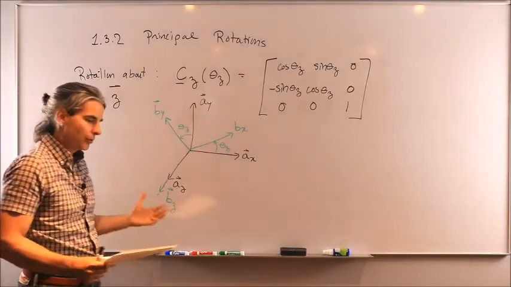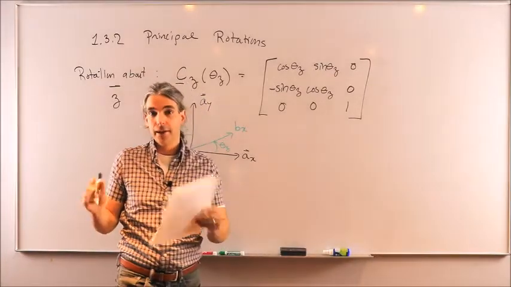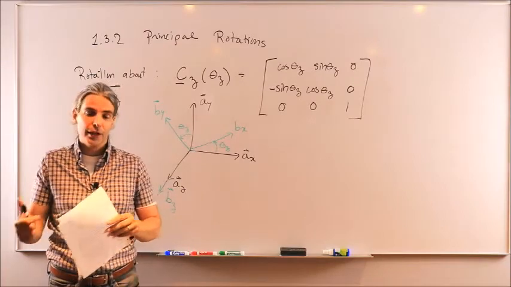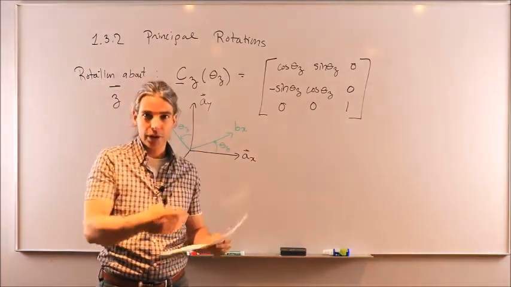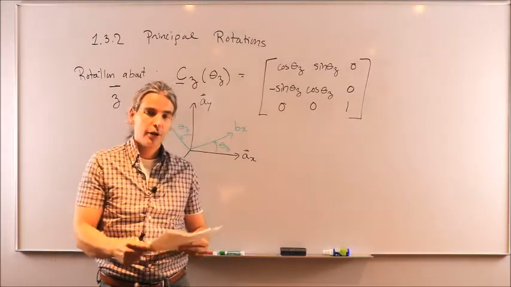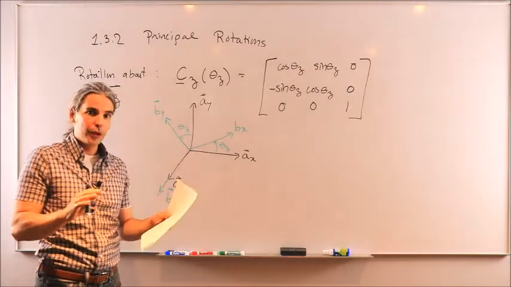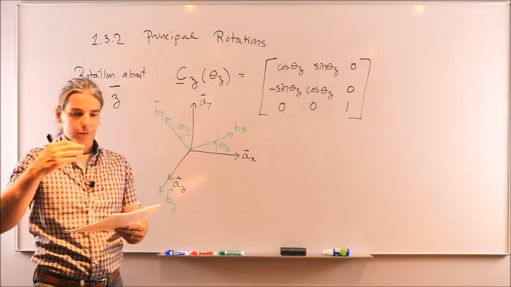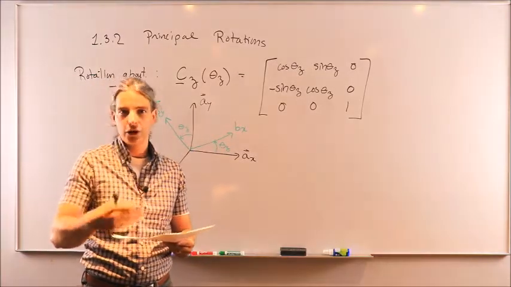Now, in the most general case, though, a reference frame isn't obtained by a single principal rotation given another reference frame, but is obtained, as I said previously, as a sequence of principal rotations, one after the other. So in the most general case, when we're talking about 3D space, a reference frame is obtained by three principal rotations that are stacked on top of each other.